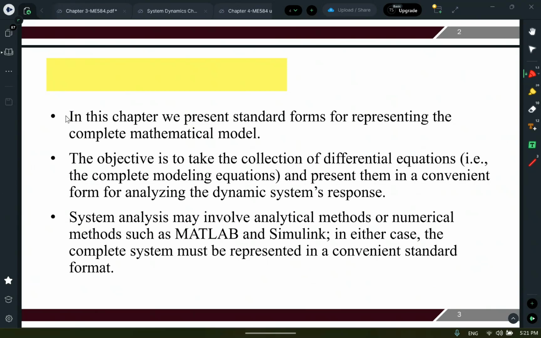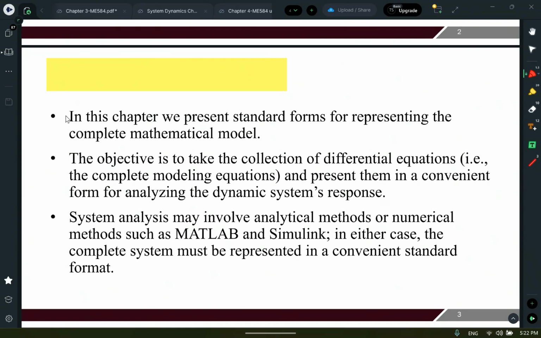I'll teach you how you can go from state space to input-output relationships, and then from input-output relationships to transfer functions, and also your way backward from transfer functions to input-output relationships and to state equations. So in a way, I'm not going to teach you anything new. I'm just going to teach you how you can present your dynamics.